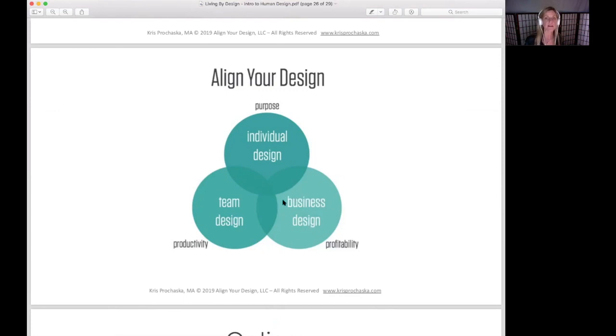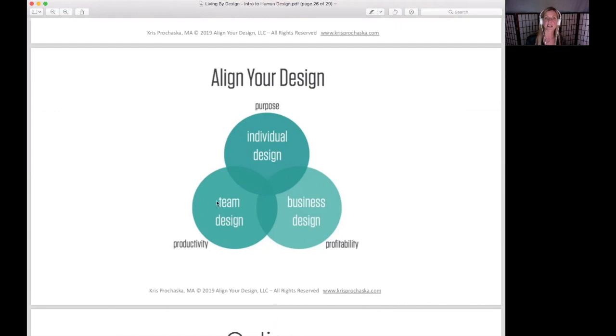So does the business model support that person's individual design? Remember, a projector is going to have a little bit different way of marketing. So structuring their business based on some other person's business model is not necessarily going to work for that person. But we can create the ideal business model that energetically supports that individual's design.